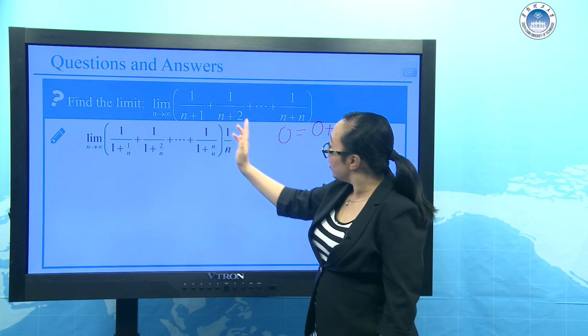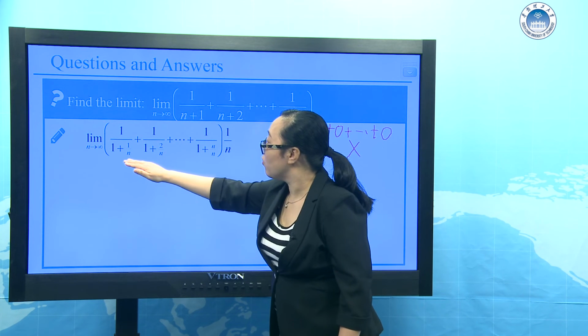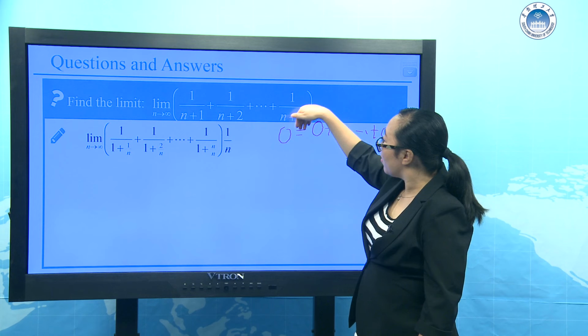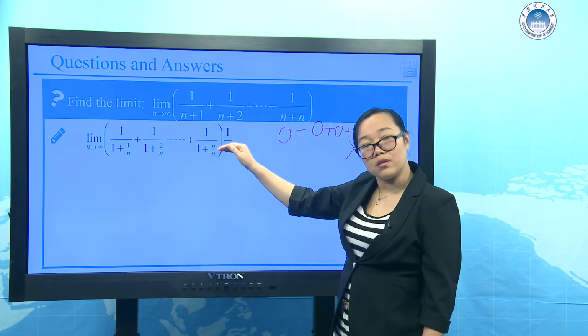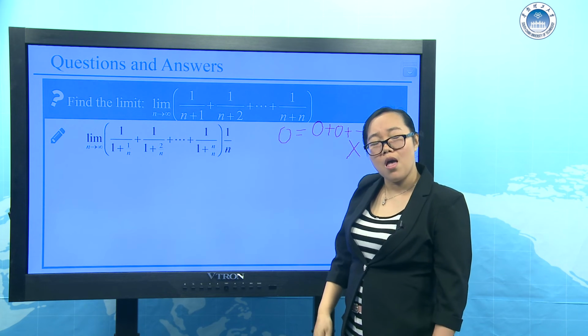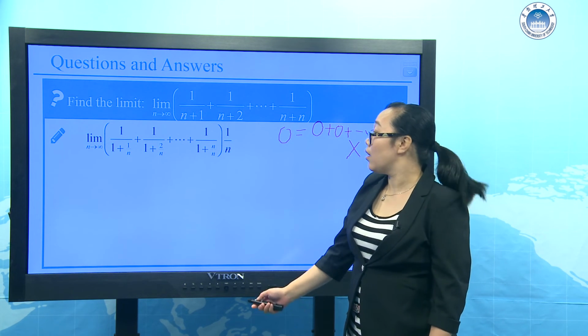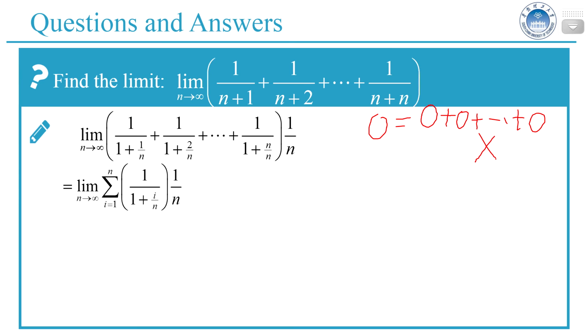The first term, taking n out, becomes 1 plus 1 over n. The second term, taking n out, becomes 1 plus 2 over n, until the last term. Now, f(ξi) means f at ξi. What is our ξi? How to find it? We can write the limit as n tends to positive infinity of the summation of 1 plus 1 over n, 1 plus 2 over n, and so on.